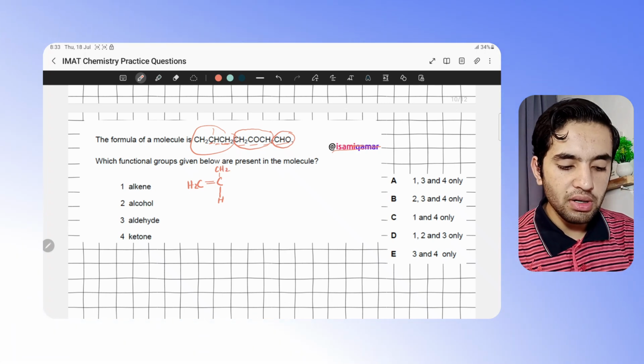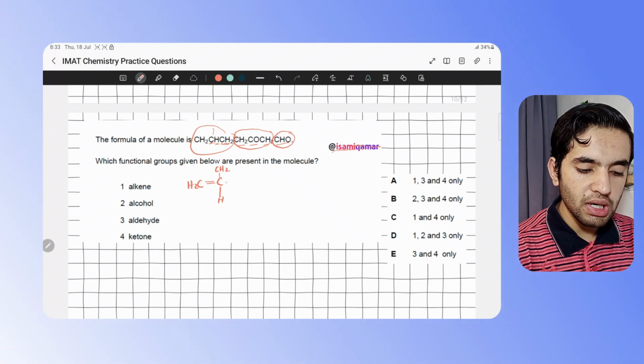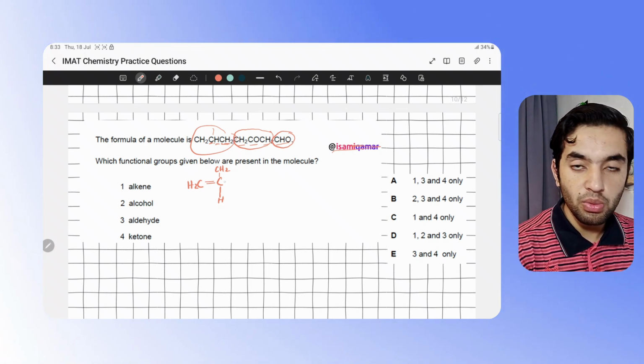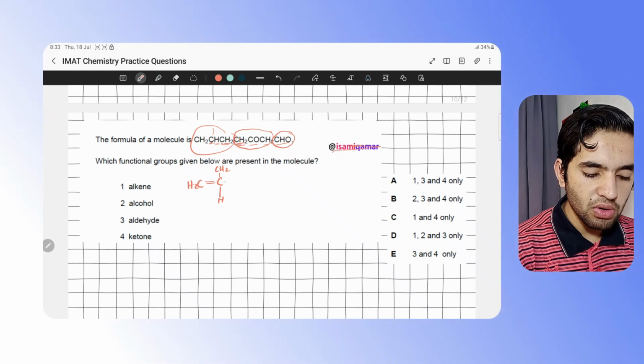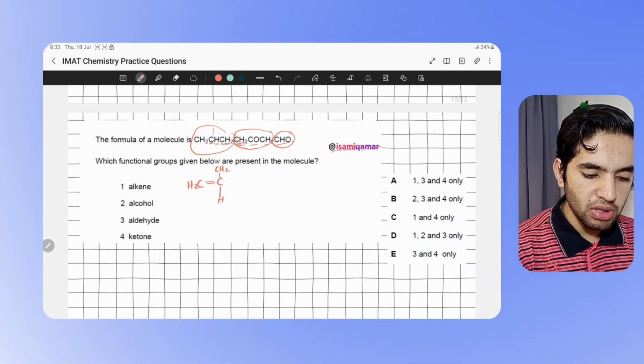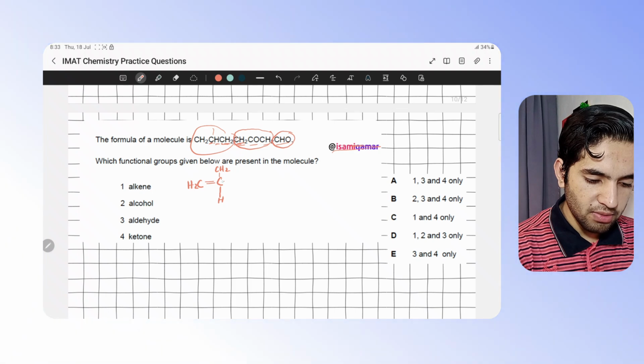I'm trying to make it open so it can be clearly interpretable. And then there is CH2, this one. So its bonds have been completed, it has got 4 bonds.